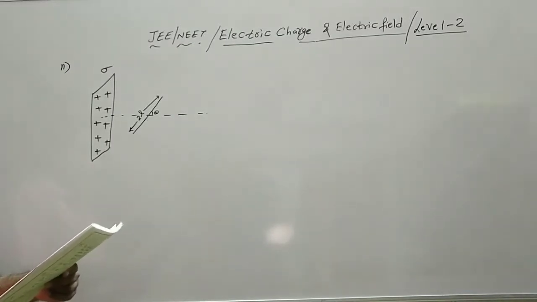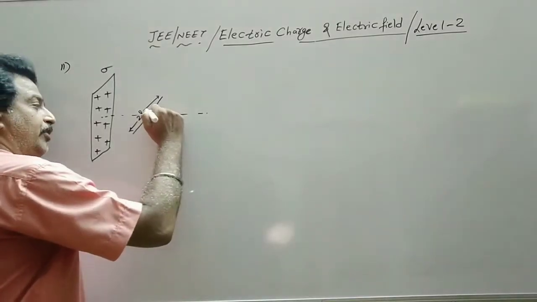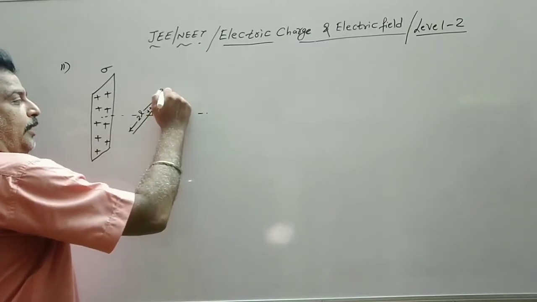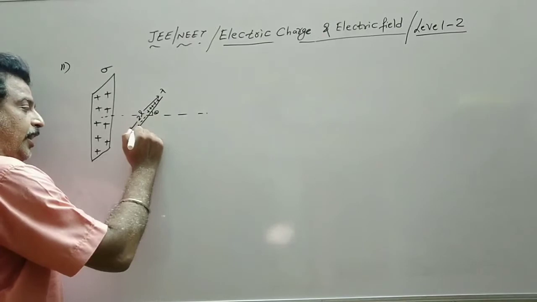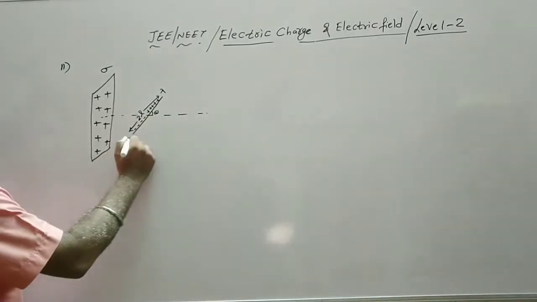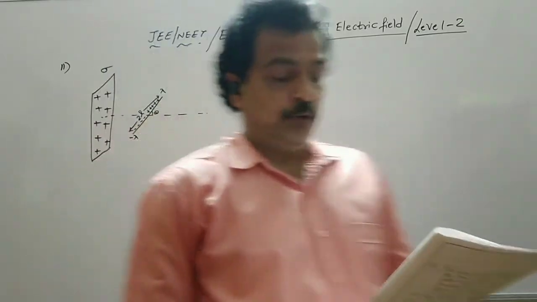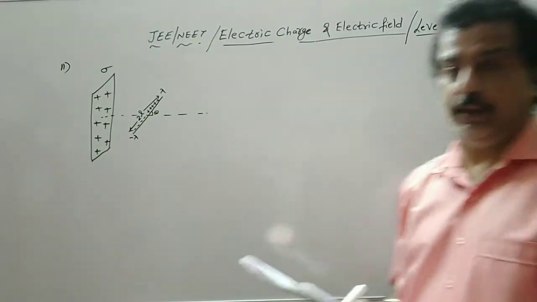Half of the rod has a linear density of lambda, that is, half of the rod has plus charge, the density is lambda, and the other half has the negative charge, that is minus lambda. We have to find out the torque experienced by the rod.